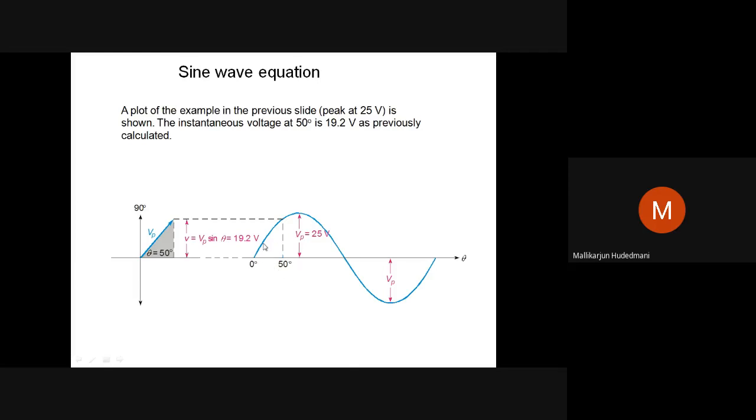I have made, along this line, a shift of an angle of 50. 50 degrees is the phase of the quantity I am considering at this point. Phase is the angular displacement of the vector representing the quantity, shifted from the reference point.